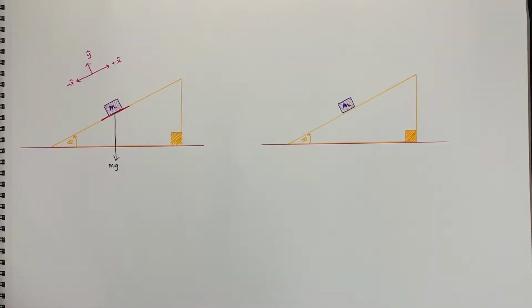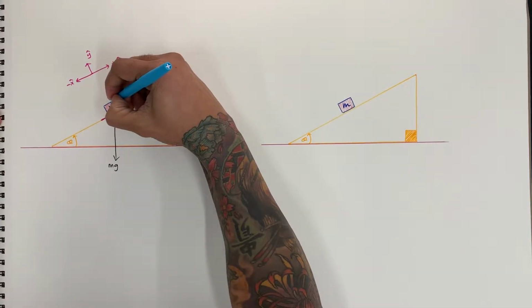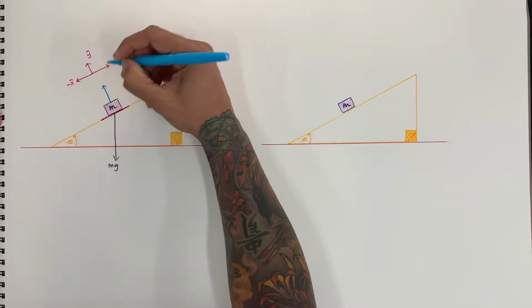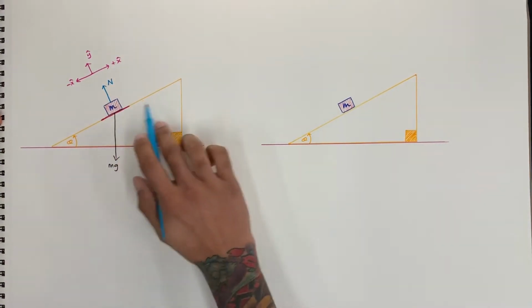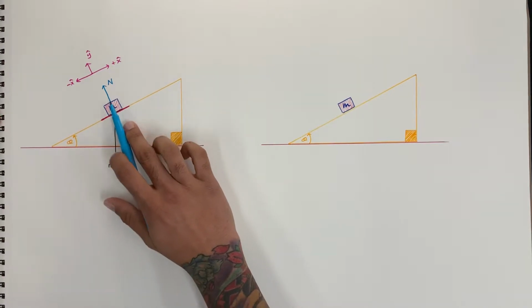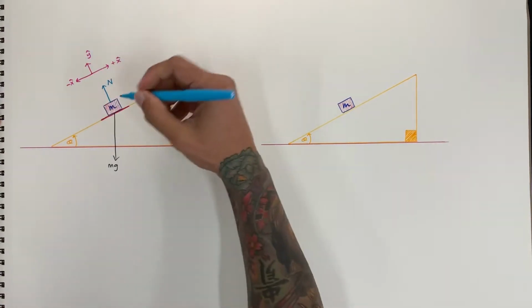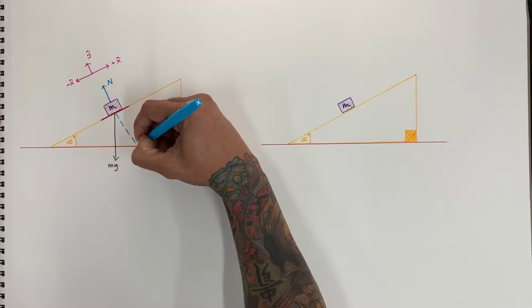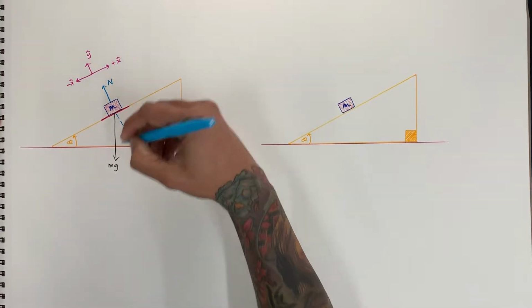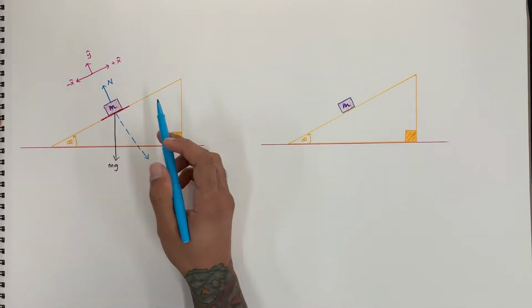And then what we want to do is draw a line perpendicular to the object. That's going to be our normal force, right? That's the force that the ramp is pushing up onto the mass, and then the mass is also pushing down on the ramp, and so we're going to extend that line backwards now, like this. Okay, and we're going to stop there for a second.